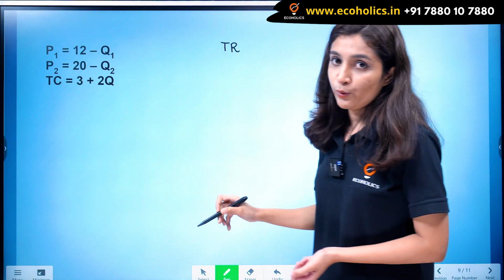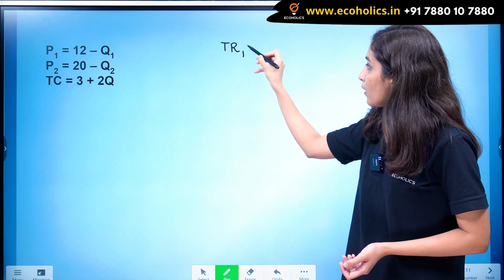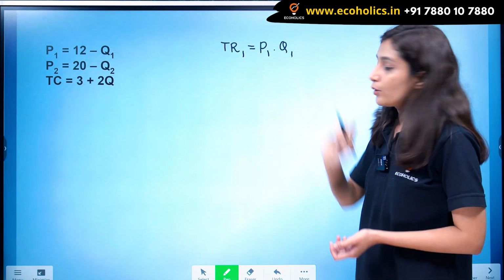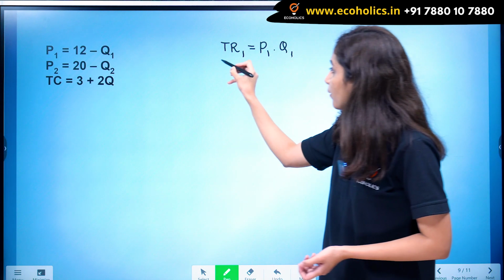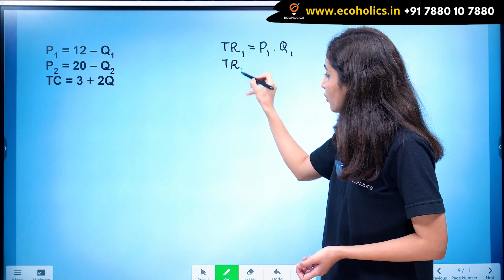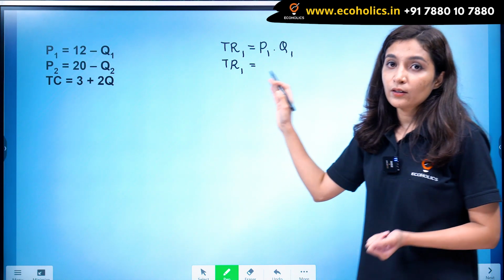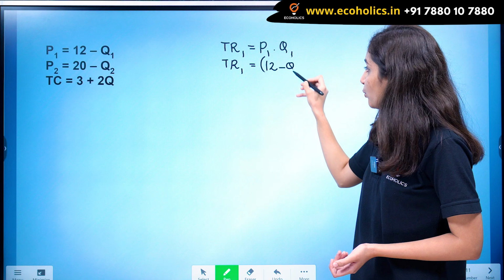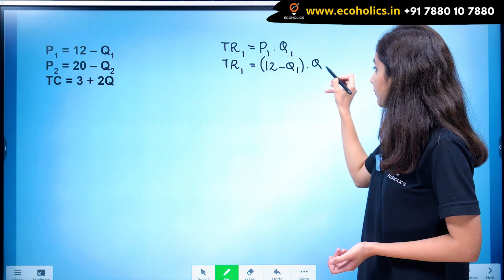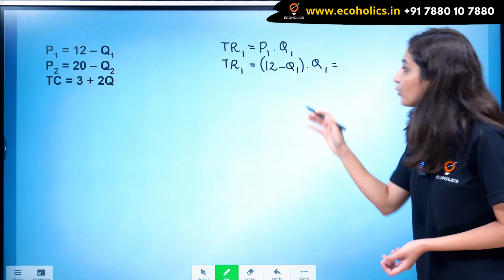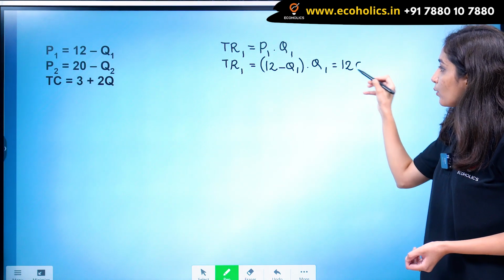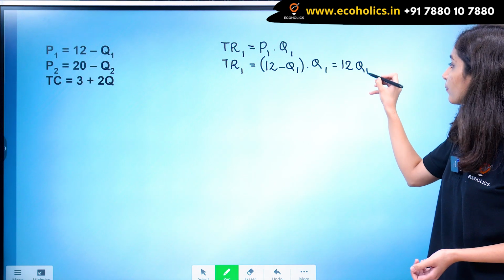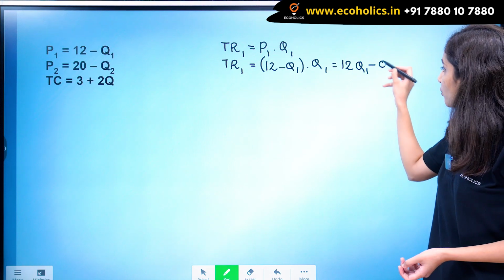Our total revenue in the first market will be equal to P1 into Q1, that is 12 minus Q1 into Q1. And this is equal to 12Q1 minus Q1 square.